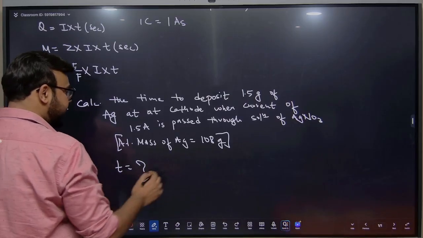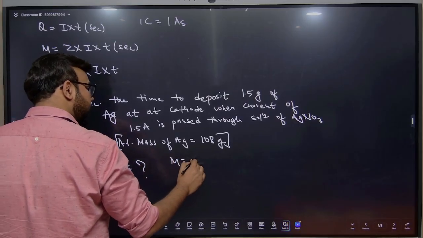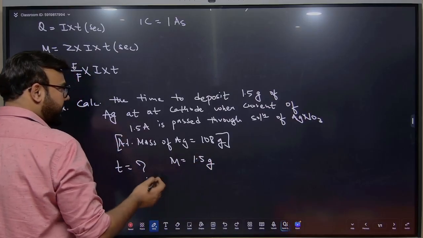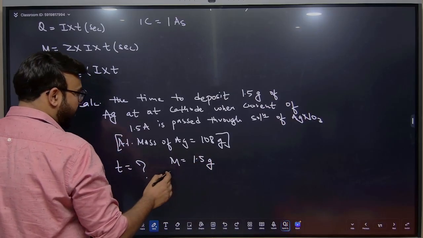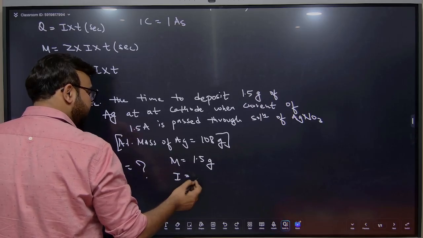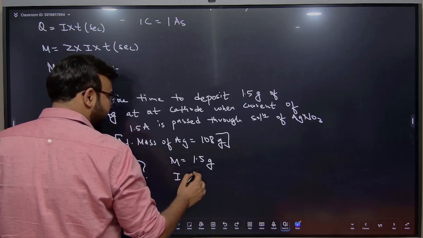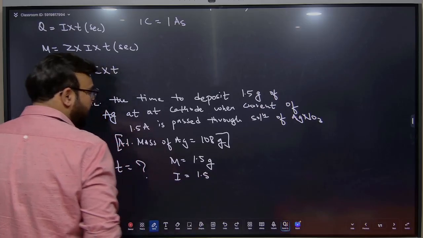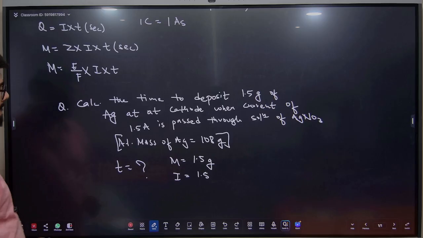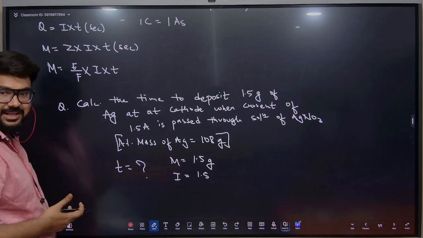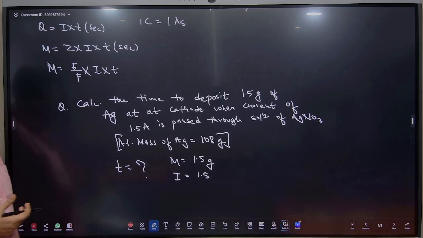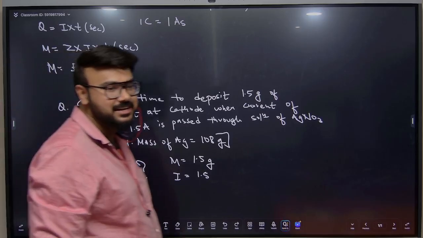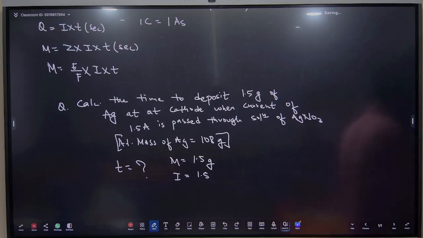Mass is given, 1.5 gram, and the current I is also given, 1.5. So what is the first thing missing? Z. That's right. Everyone, solve for Z.